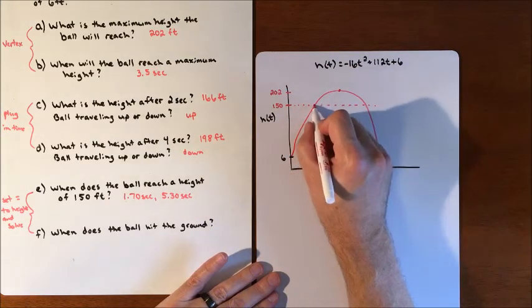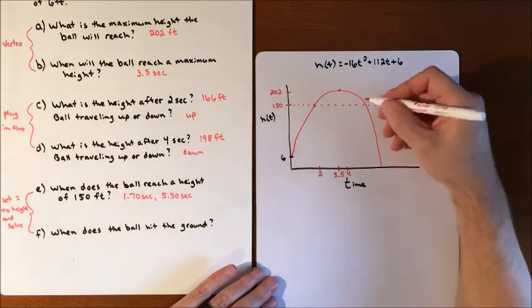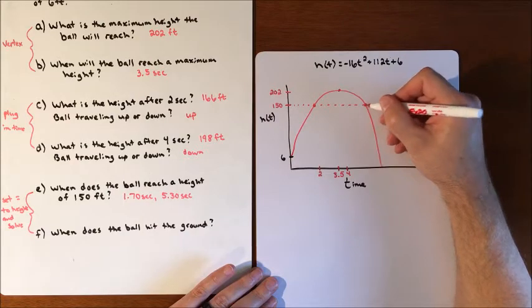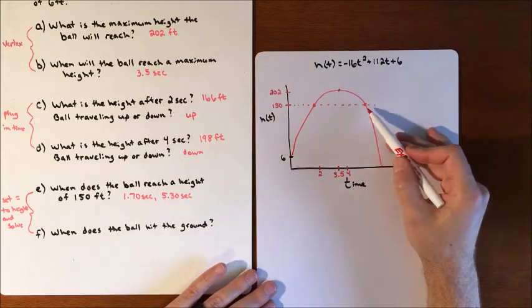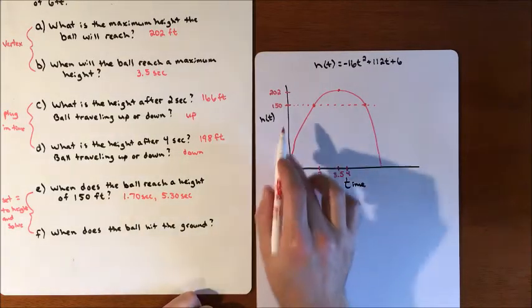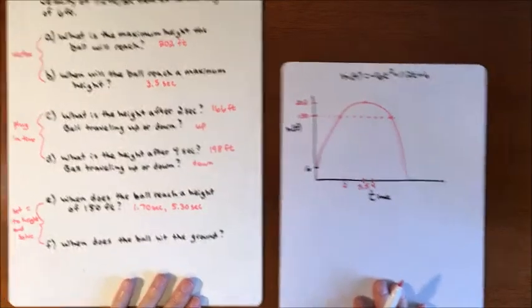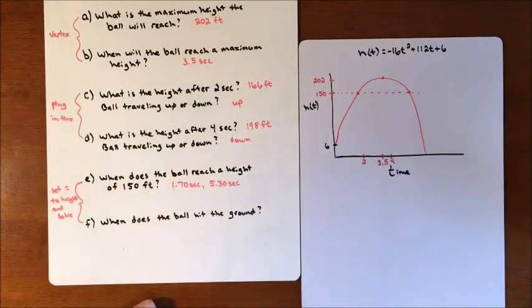So this might represent the 1.70 and this might represent the 5.30 if you dropped it down and actually figured out what the time is. So it's going to hit it twice. It's going to hit it on the way up and it's going to hit it on the way down. So it makes sense that we get these two answers.